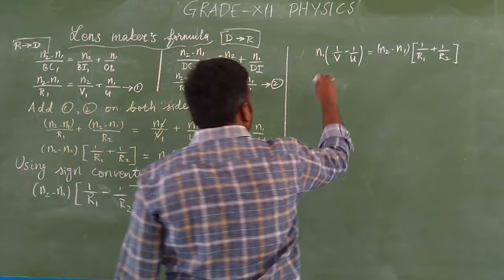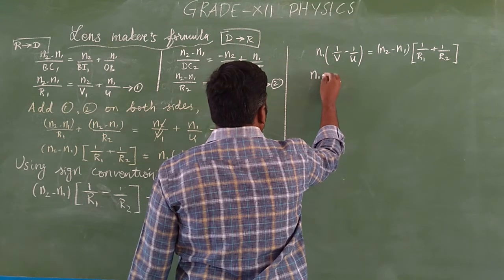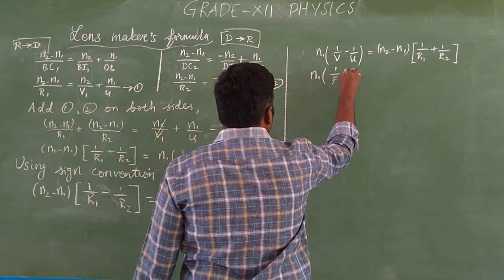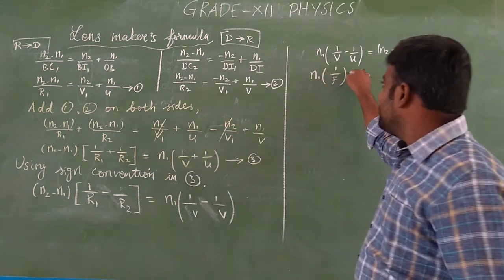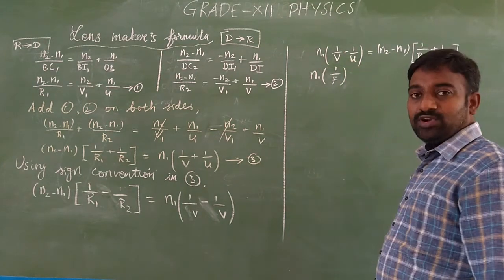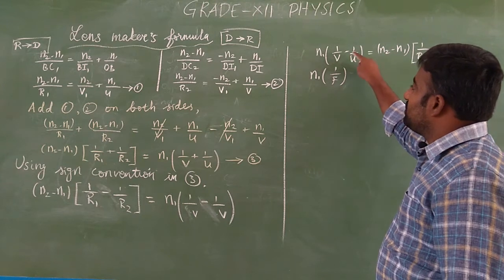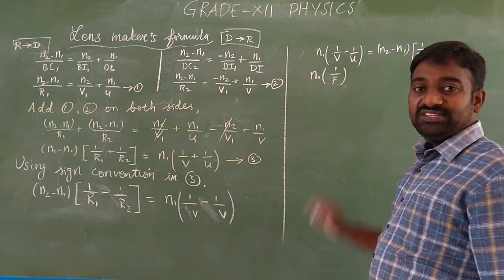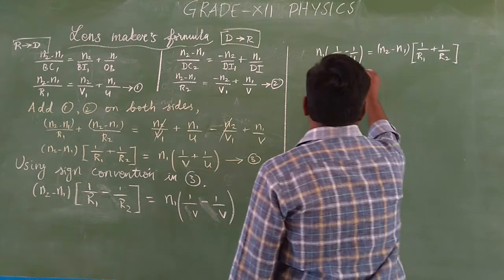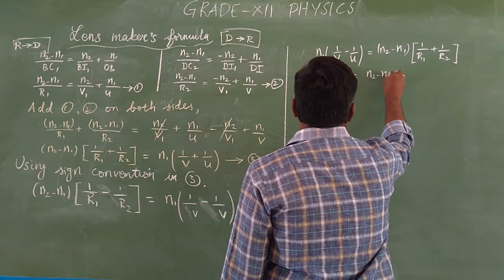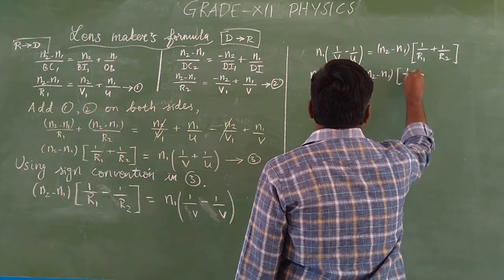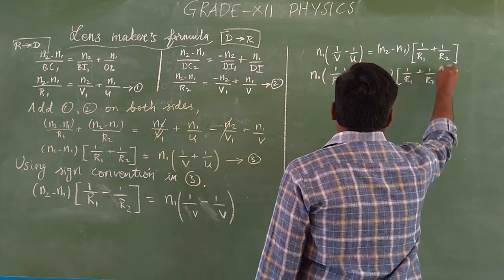N1 into this is 1 by f, because from the lens formula, 1 by V minus 1 by U is equal to 1 by f. That is, the reciprocal of focal length is equal to the difference of the reciprocals of image distance and object distance, which is equal to N2 minus N1 of 1 by R1 plus 1 by R2.